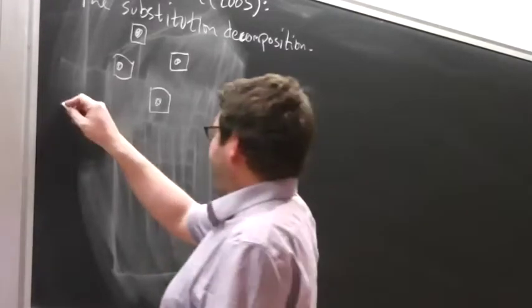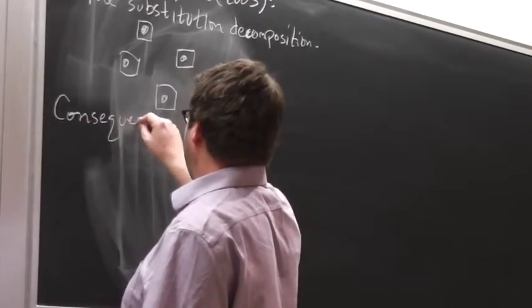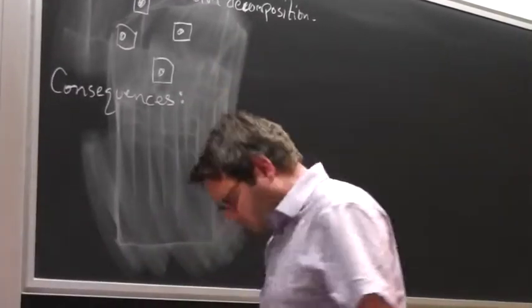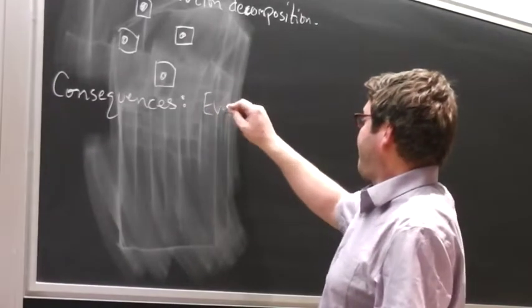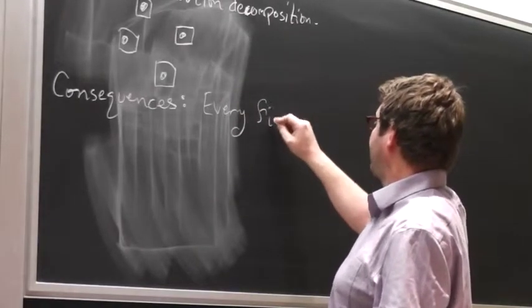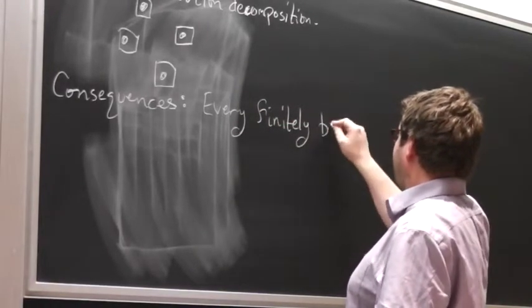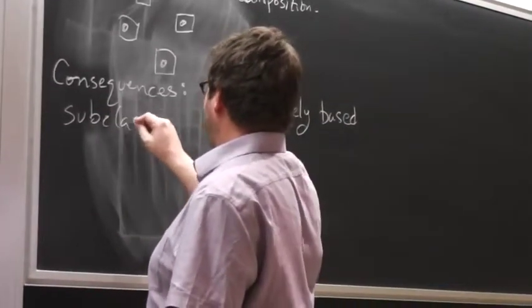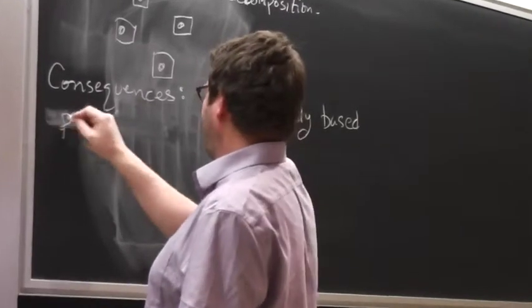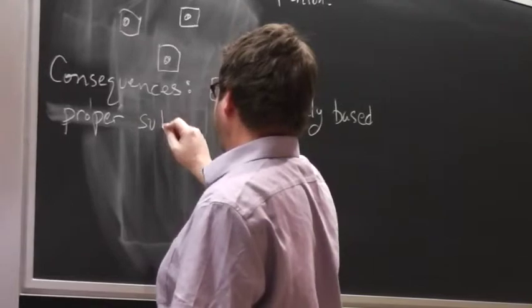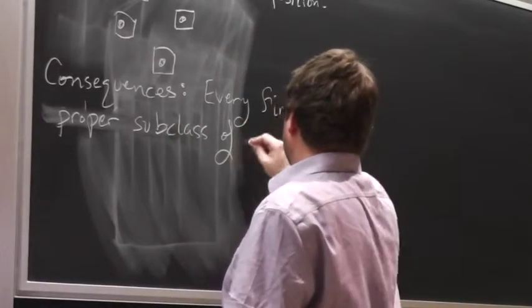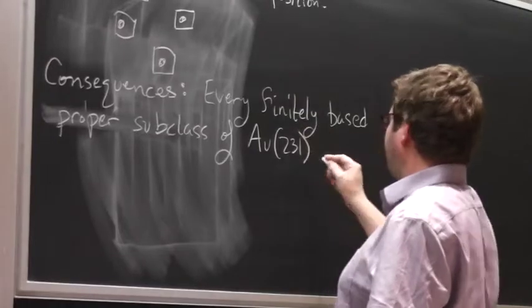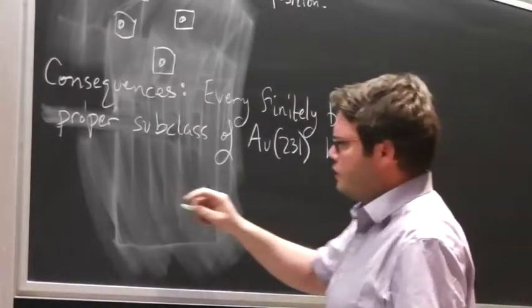But they showed, as one of the consequences of their work, and I should state this is kind of a minor consequence of this really foundational work, but they said every finitely based proper subclass of the 2, 3, 1 avoiders has a rational generating function.